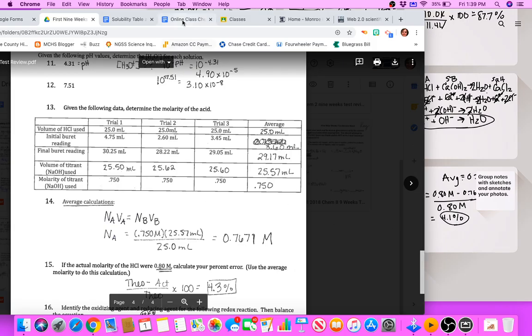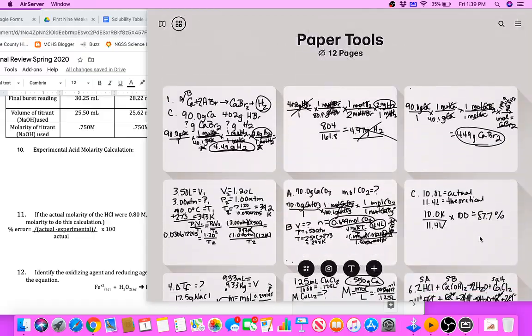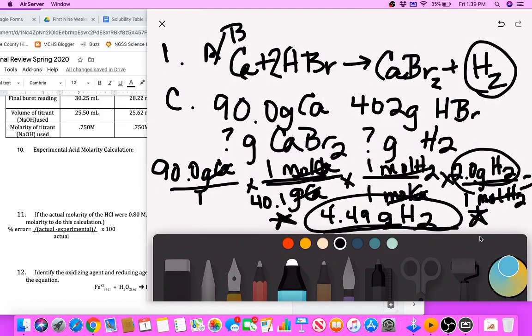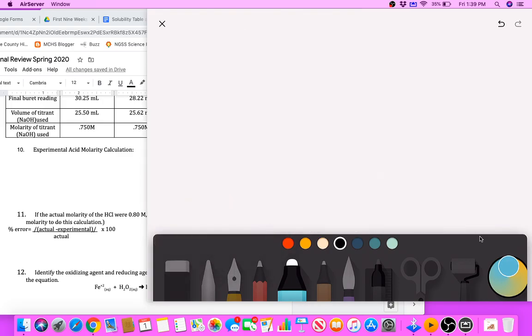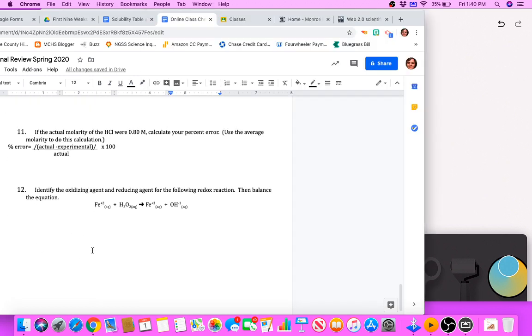All right, so let's look at our last problem. I'm going to go back up here to the top and clear this so we can do our last problem, which is number 12. We have a redox reaction, and we want to identify the oxidizing agent, the reducing agent, and balance the equation.